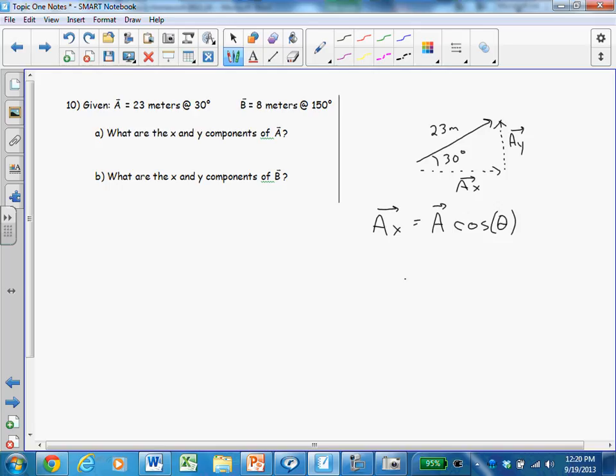Cosine always has to have an angle associated with it. You have a cosine of an angle. So in this case, our AX plugging in would be equal to A, which is 23 meters, the magnitude of A, times the cosine of 30 degrees. And then I would do it in my calculator. 23 times cosine parentheses 30 close parentheses. And I get out 19.9 meters.